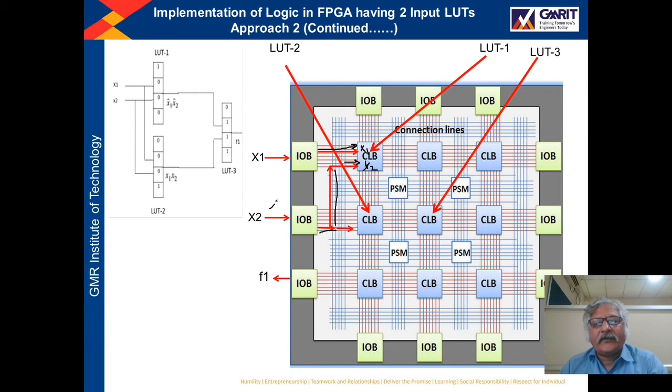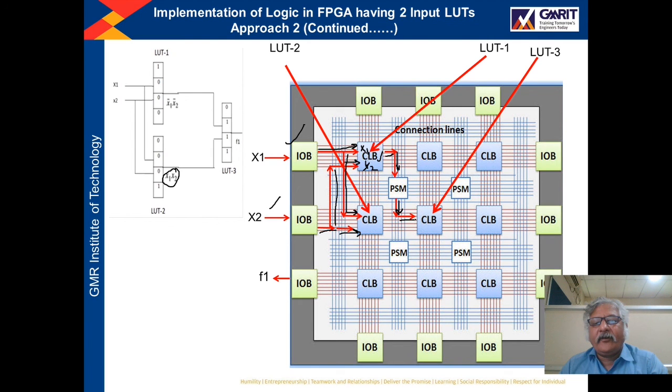Now this X2 is routed to this CLB also, and this X1 with this routing wire will be routed here also. So now this CLB is also having input X1 and X2, and this is implementing my logic X1 dot X2. Now the output of this CLB is routed here. From here it will route here. From the PSM it will be routed here.